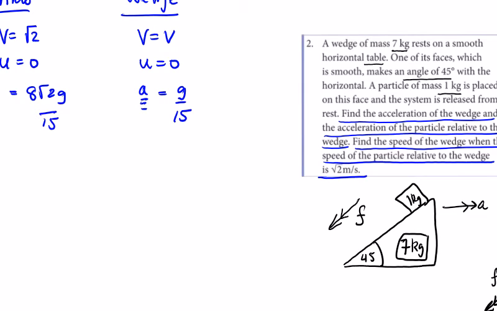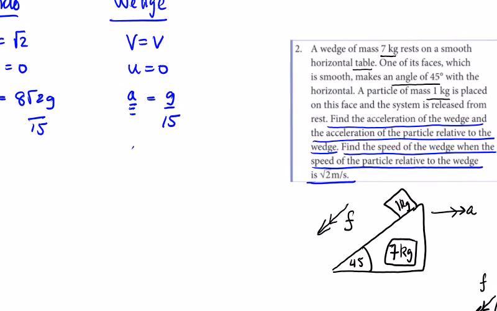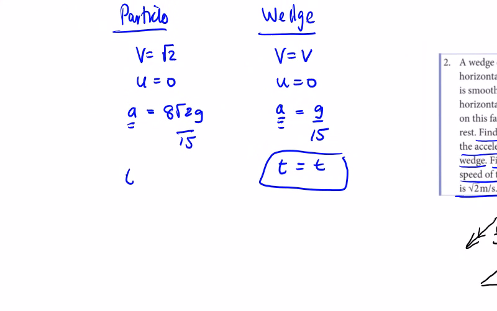We're not going to be dealing with distance here, so we're going to need the time taken. Over here, we have 3 variables, so we can get the time taken for the speed of the particle to be root 2. We can put that into the wedge, same formula, and we get the speed of the wedge after that time. So v = u + at.